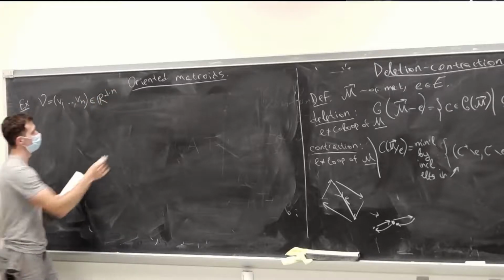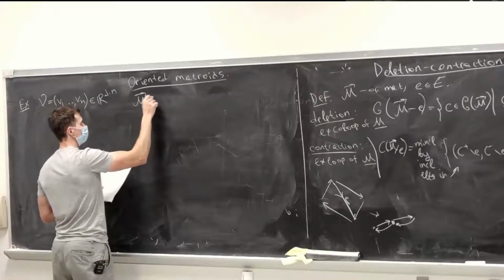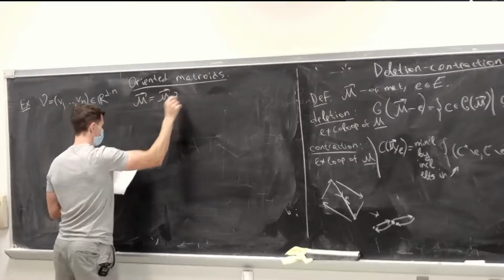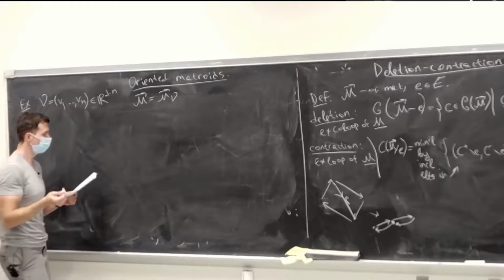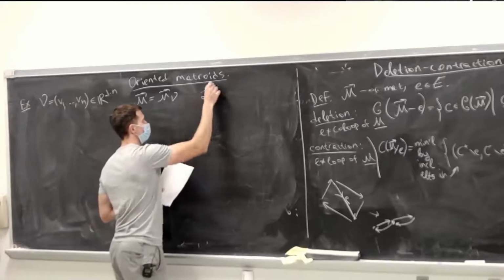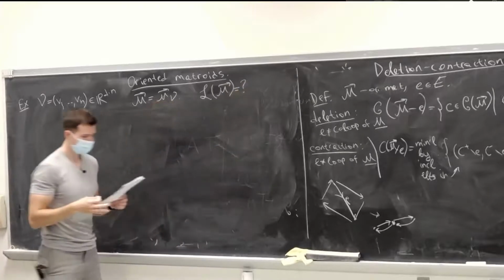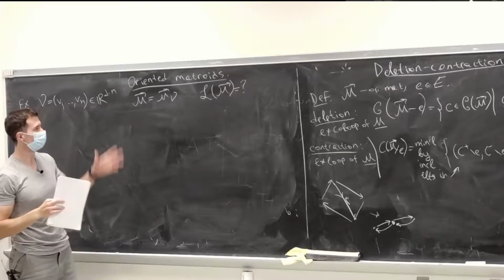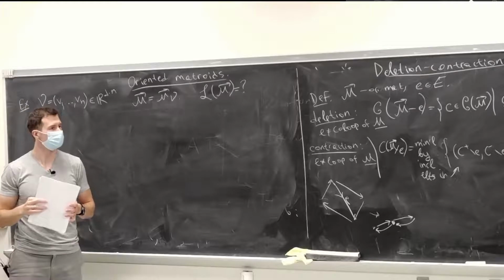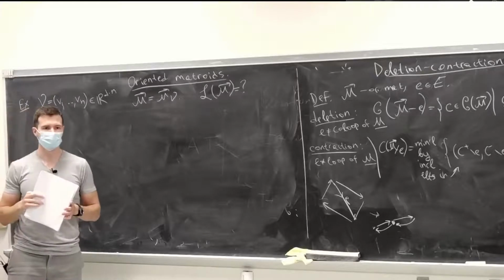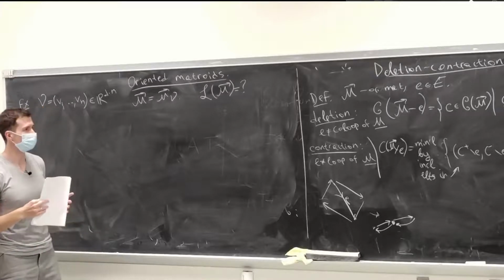I take the corresponding oriented matroid. What's the interpretation of these covectors? There is a simple natural interpretation of them. Any guesses?